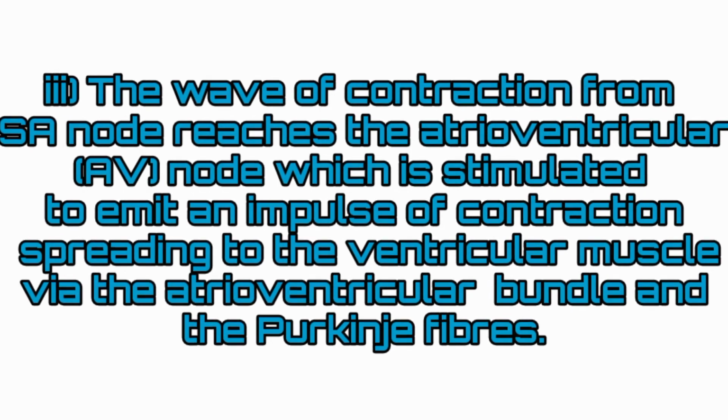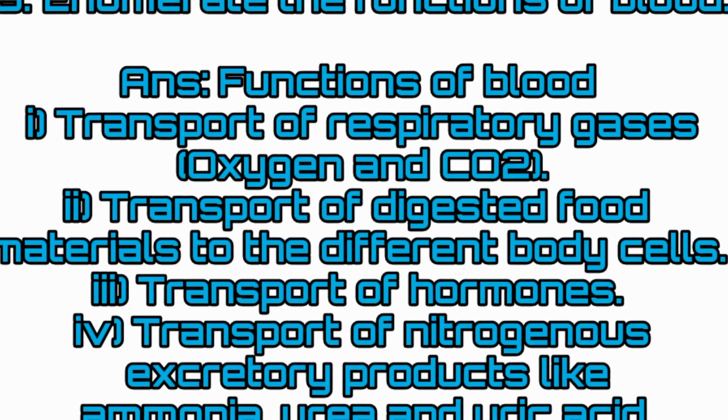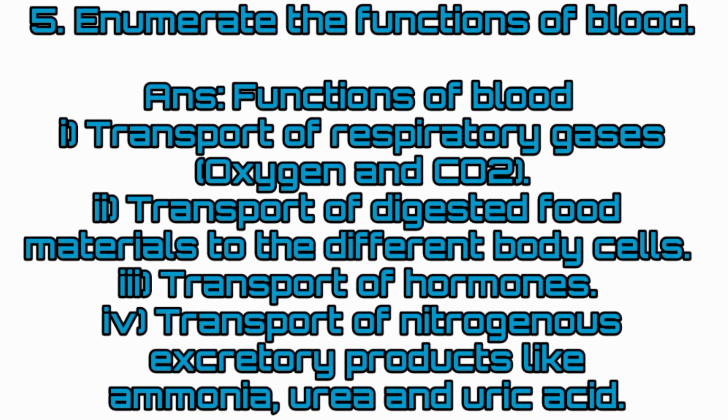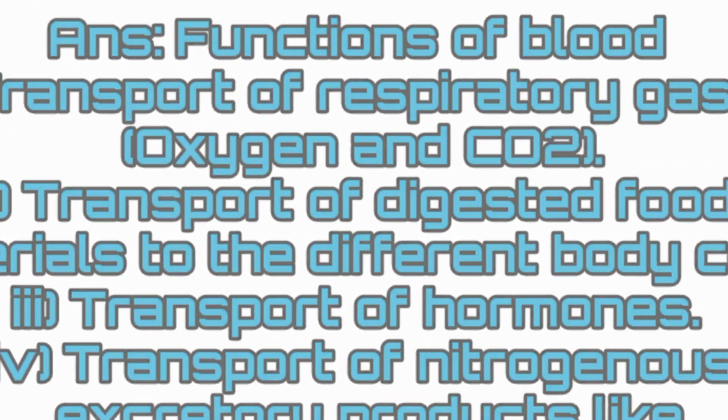Enumerate the functions of blood. Functions of blood: transport of respiratory gases, oxygen and carbon dioxide. Transport of digested food materials to the different body cells. Transport of hormones, transport of nitrogenous excretory products like ammonia, urea and uric acid.